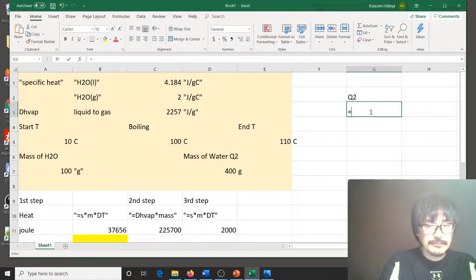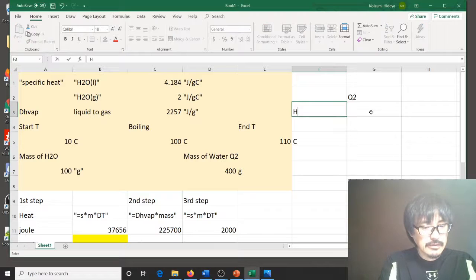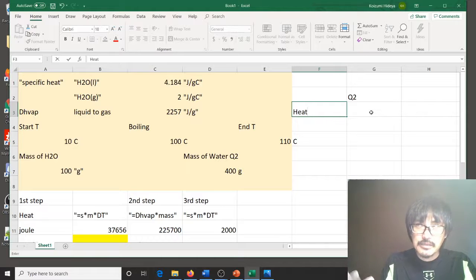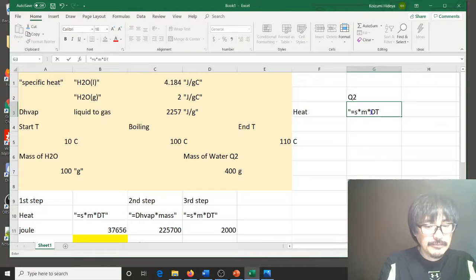So the heat loss by drinking the 0 degree Celsius ice water is specific heat of water multiplied by the mass multiplied by the delta T, right?